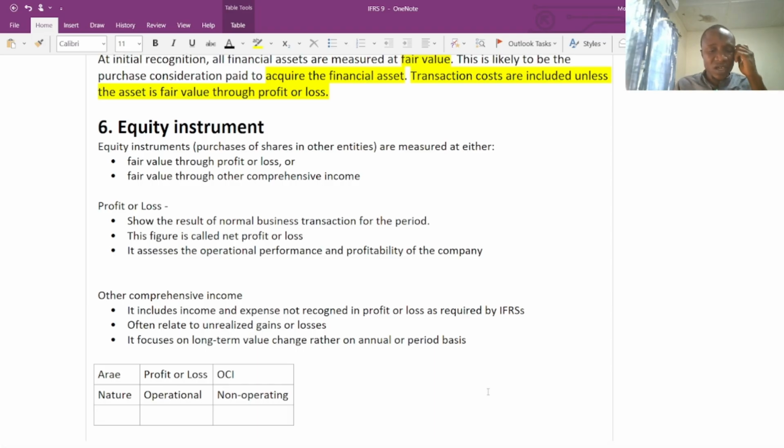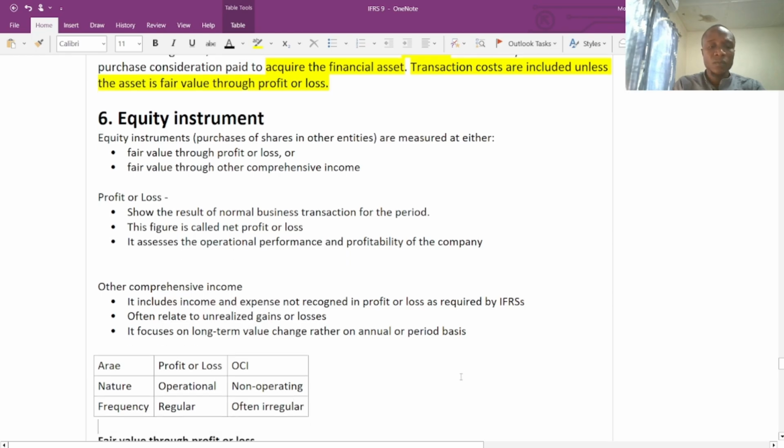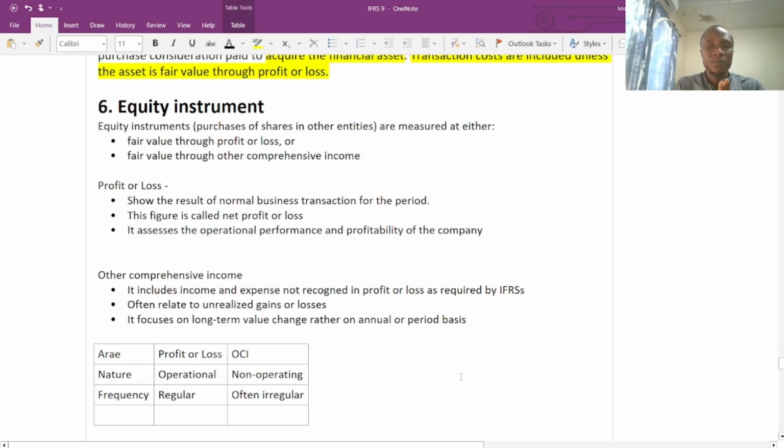Also, we are going to look at the frequency, a very important concept. If we're talking about the frequency, for profit or loss, it is regular, while for the OCI, it's often irregular. And also, we are going to look at the main use of OCI as well as the profit or loss.